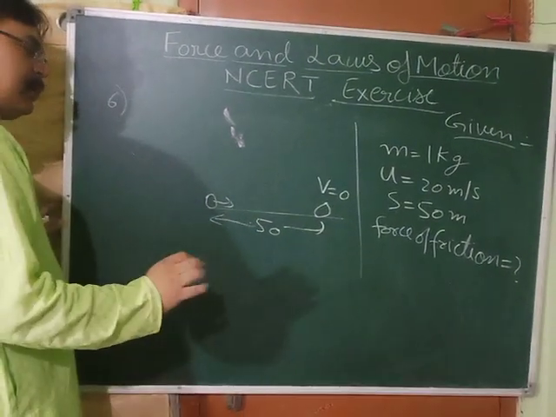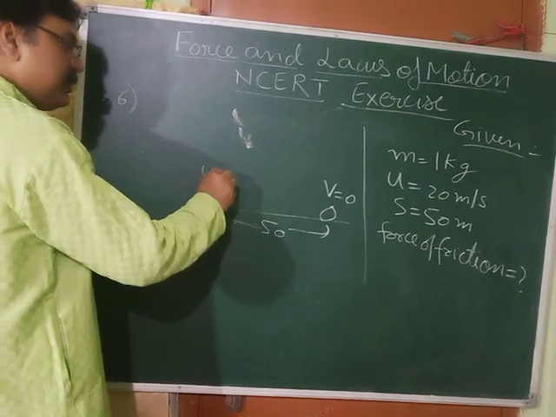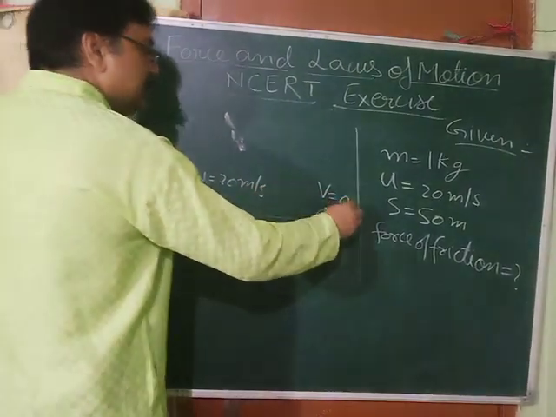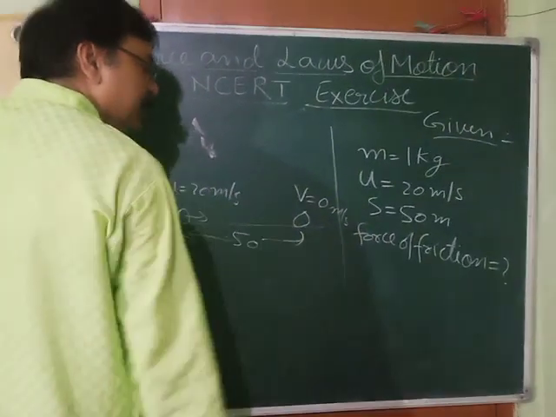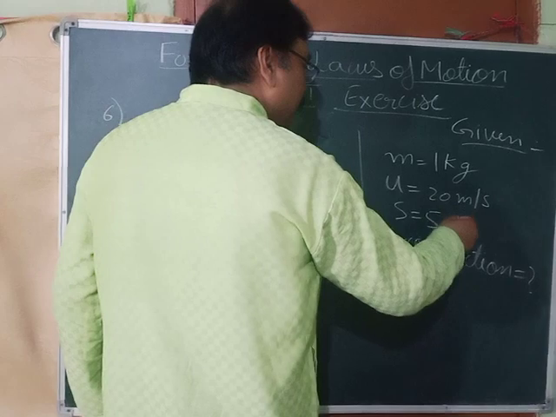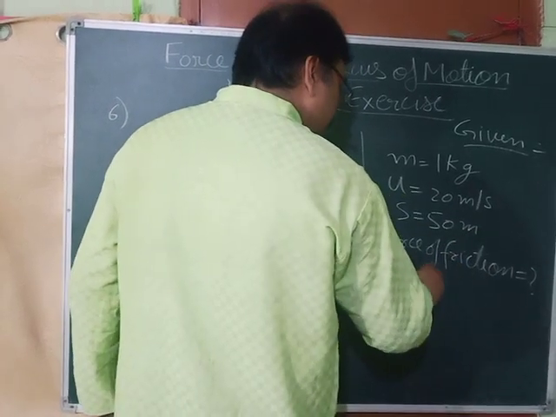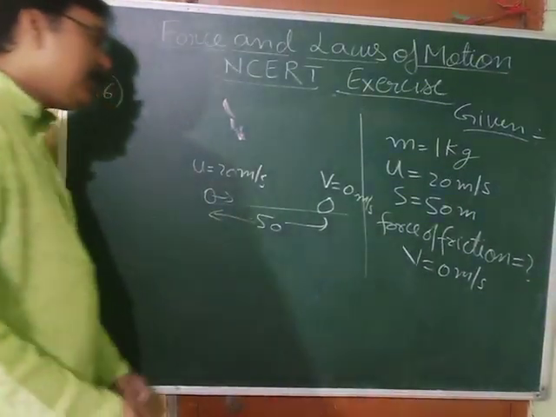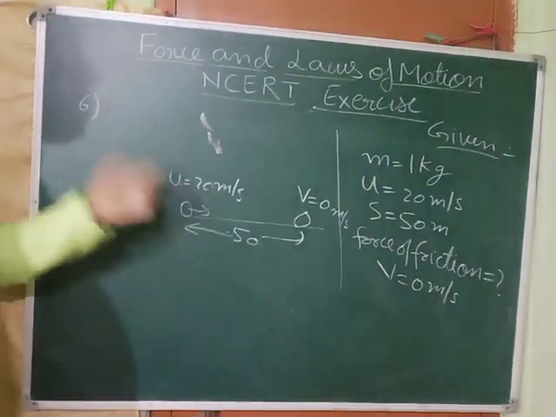Clear? Here velocity was 20 meter per second, and here velocity becomes 0 meter per second. So what do we get from here? Final velocity is 0 meter per second. Now why has it come to rest?